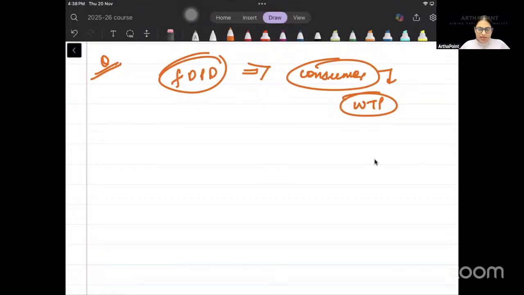Then it does not make sense. So the marginal cost should be covered.